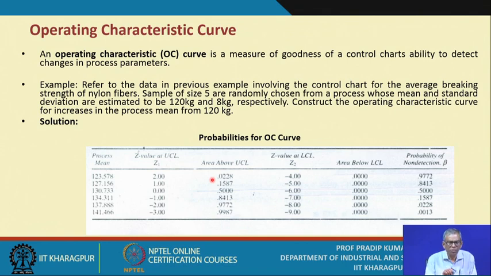So against a particular control chart, you must know what is the process parameter, and you also must know what are the possible process parameter values, and against each process parameter value you select, you must be able to determine say the probability of making type 2 error.